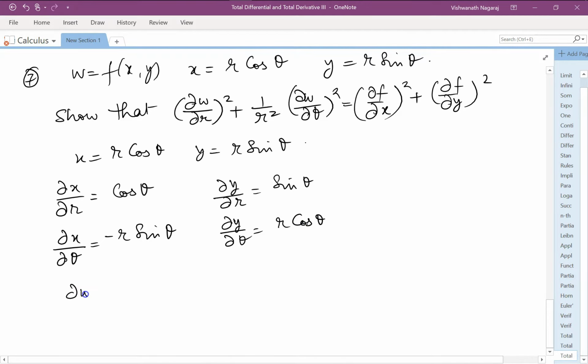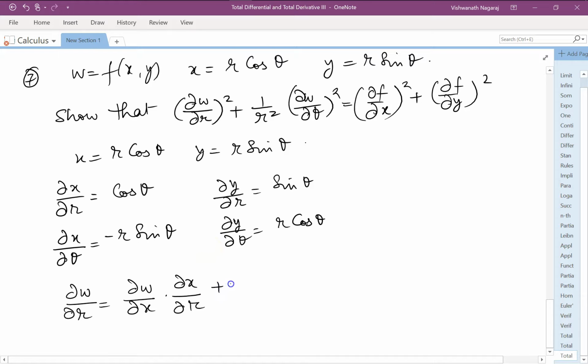∂w/∂r is equal to ∂w/∂x times ∂x/∂r. See, you have to be very careful when alphabets change from your normal pattern.